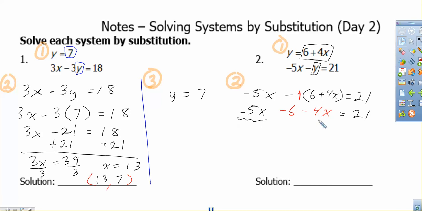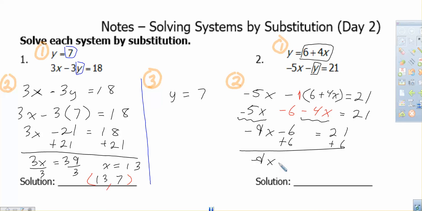That becomes a total of negative 9x minus 6 equals 21. Adding 6, negative 9x equals 27, and dividing by negative 9, x equals negative 3.